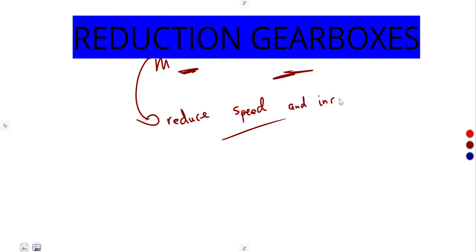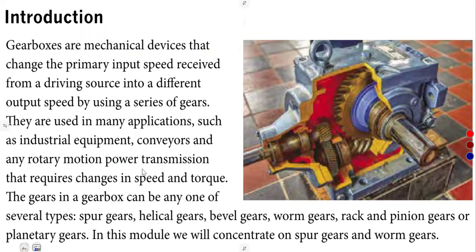So we are to reduce speed and increase what? And increase the torque. I'm not going to waste your time. We're going to quickly rush to what we need on our calculations.